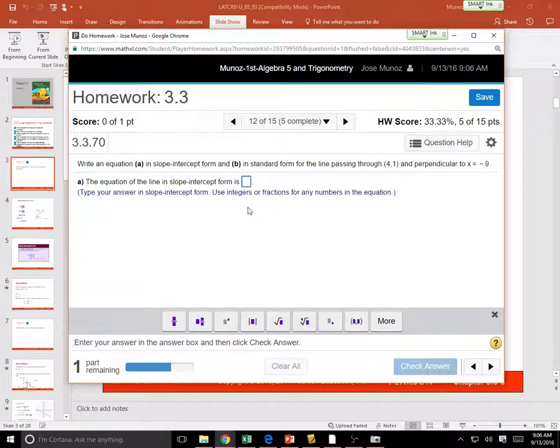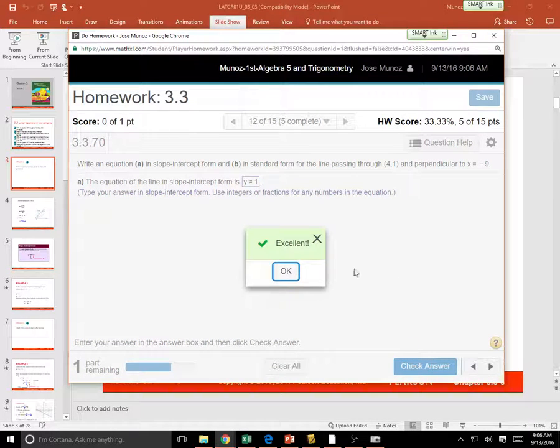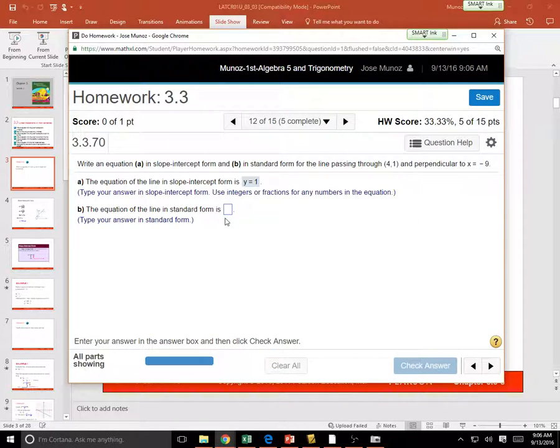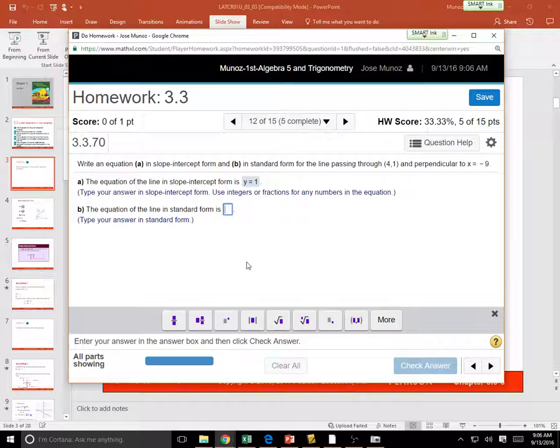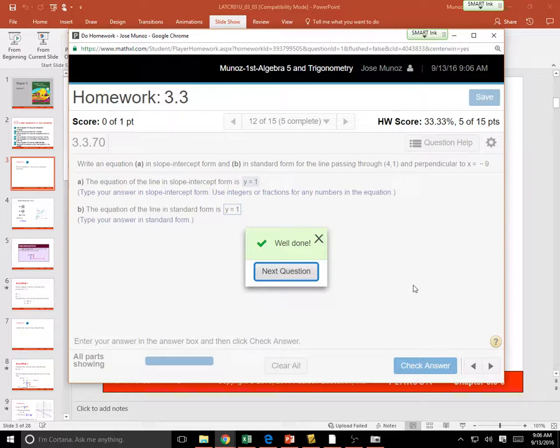How is it just y equals 1? Check answer. Excellent. And then the next one, y equals 1. Well done. It's kind of like a trick question, but it's just that.